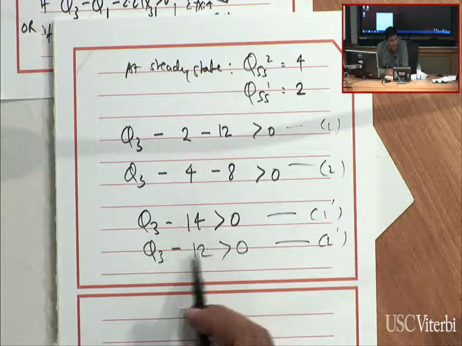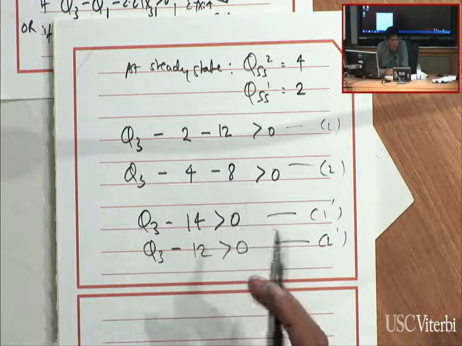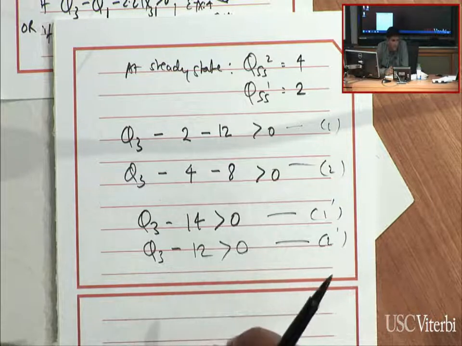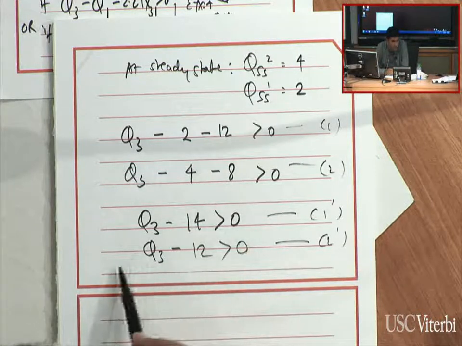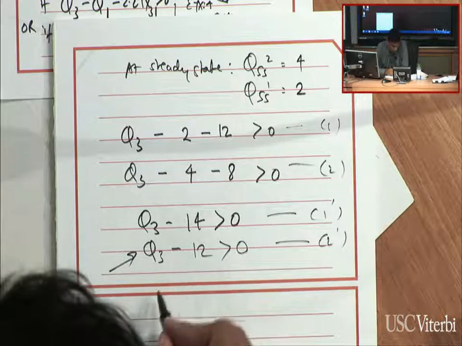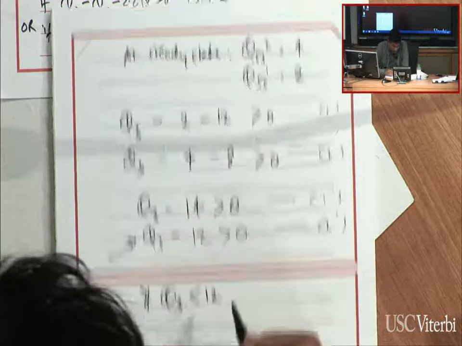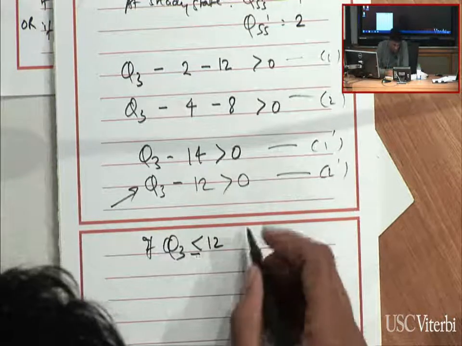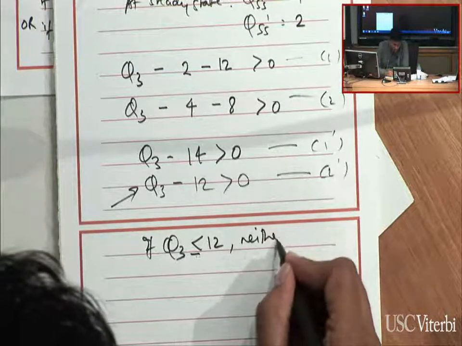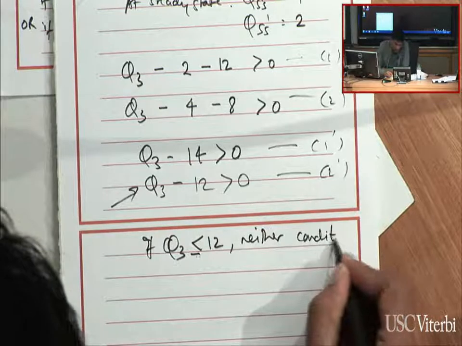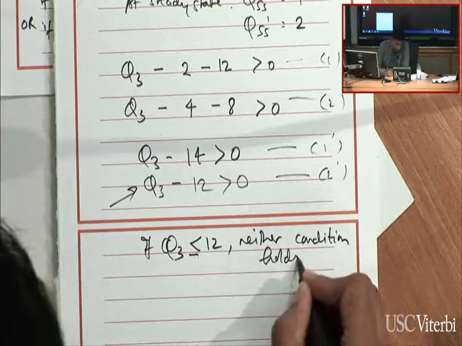Of the two conditions, the stronger condition, or the condition that is guaranteed to satisfy both of them, is this one. Right? So if Q3 is less than or equal to 12, neither holds. Okay?